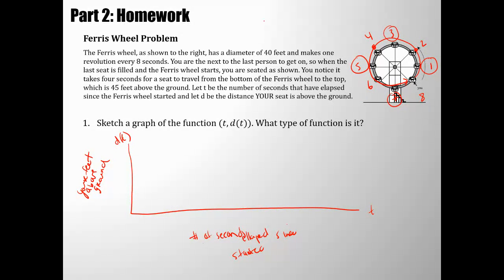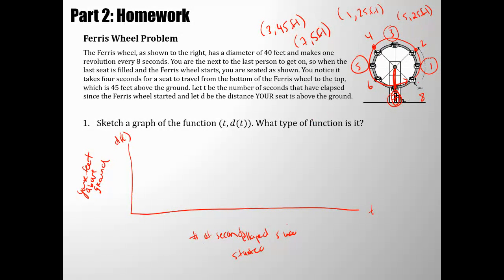We know at 3 seconds, you're 45 feet above the ground. That's what it told me, right? We talked about on the last slide, this distance is 20 and this little part is 5. So I know at 7 seconds, you're 5 feet above the ground. I know that at 1 second, you're 25 feet above the ground. Well, at 5 seconds, it's the same.